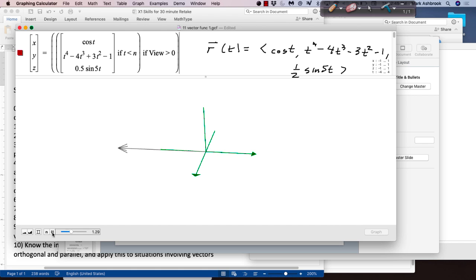Remember that? Whatever the components of the vector are, if you put its tail on the origin, then the tip has the same coordinates. So if we plot all those points at the tip, what kind of thing are we going to get?